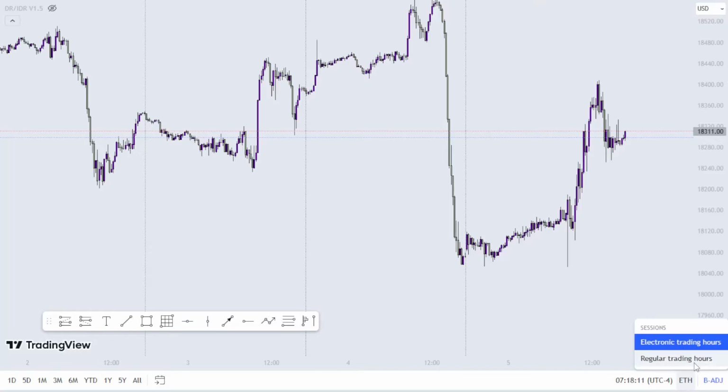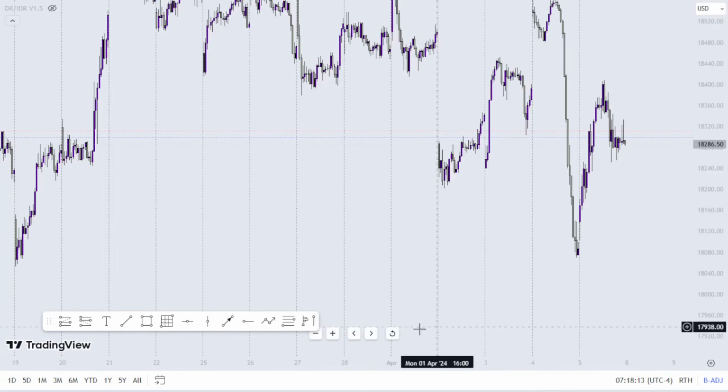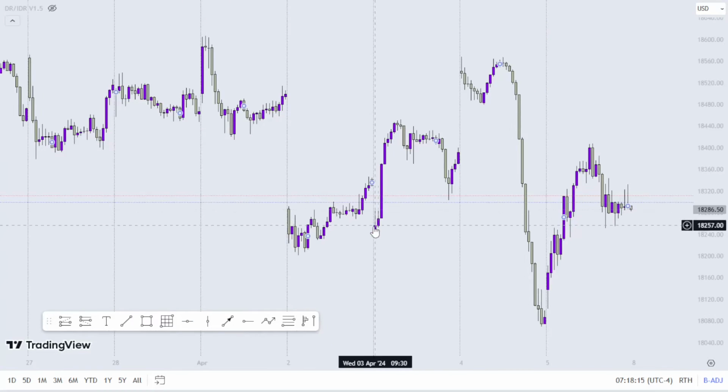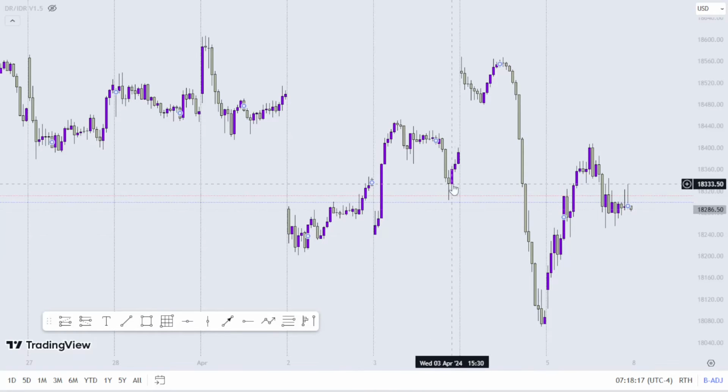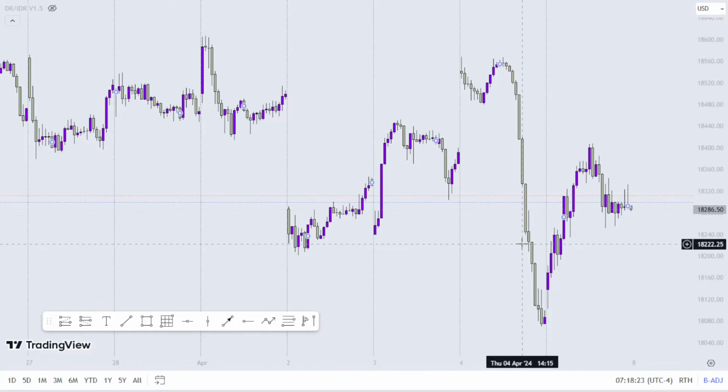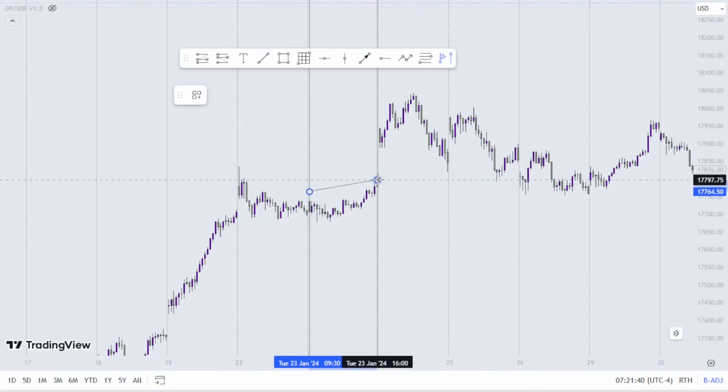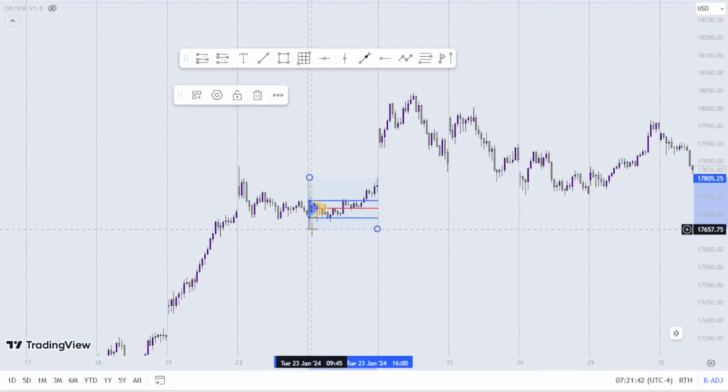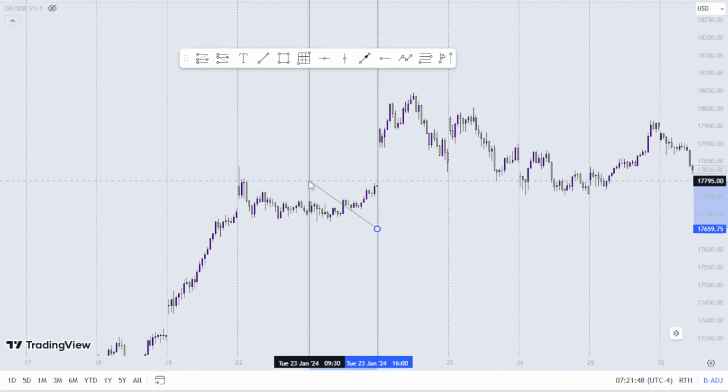If I switch that, we'll go into the regular trading hours, which is from 9:30 up until 4:15 p.m. How this works is that when we draw the volume profile, we're gonna draw it from the open to the close, regular trading hours, so from 9:30 to the 4:15 p.m.